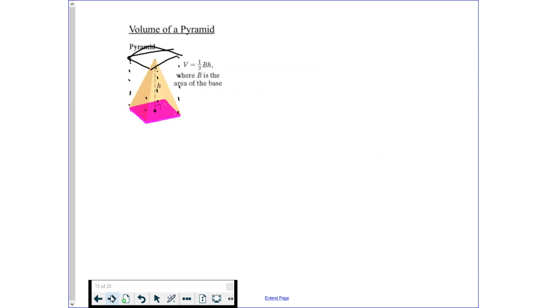So the volume of a pyramid is the base area B times the height divided by 3, or just 1/3 of that. 1/3 of the rectangular figure is what you have to remember. It's just the formula.